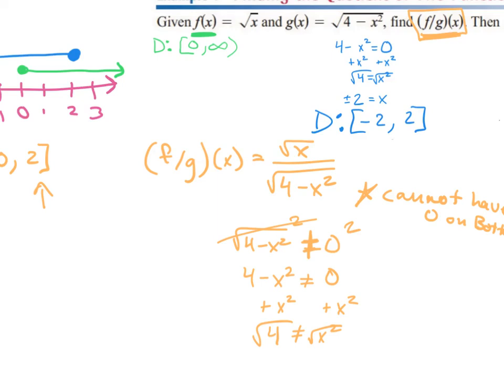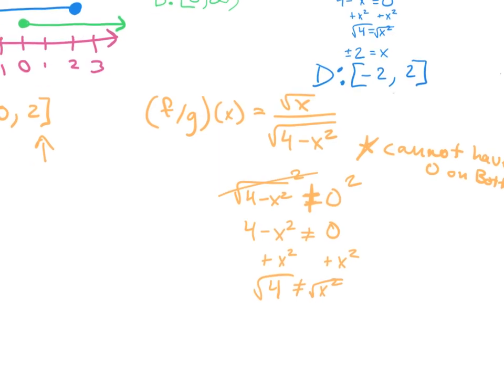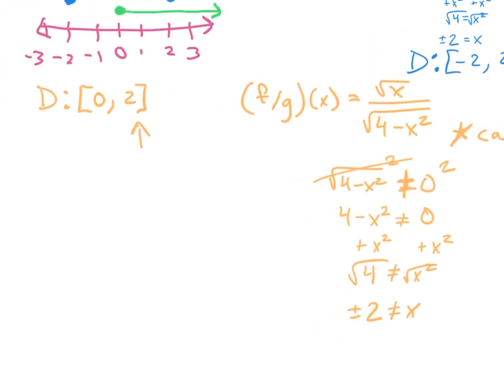We then need to take the square root of both sides. What's the square root of 4? Plus or minus 2. So x cannot be +2 or -2. Does our domain here include +2 or -2?